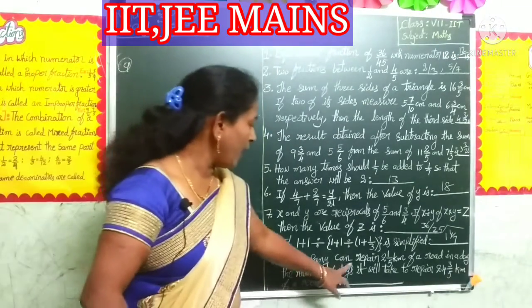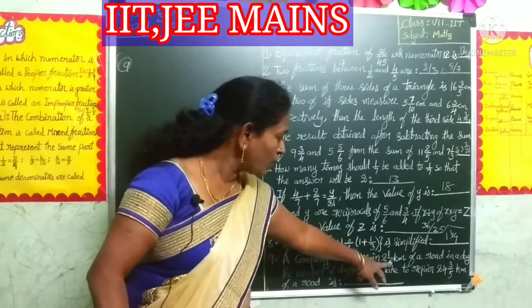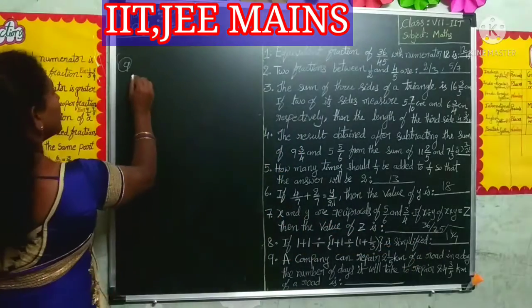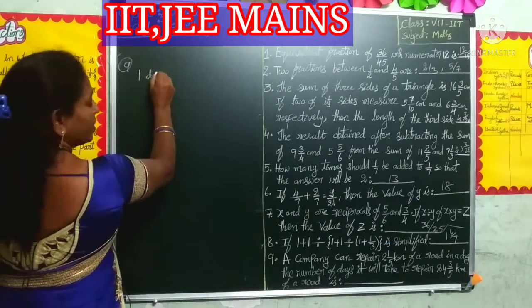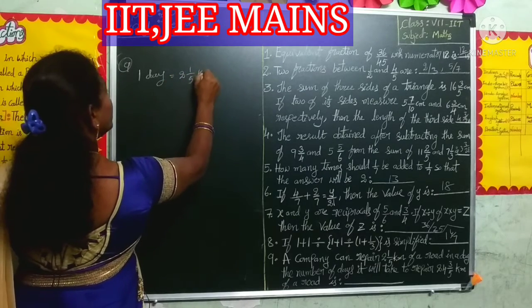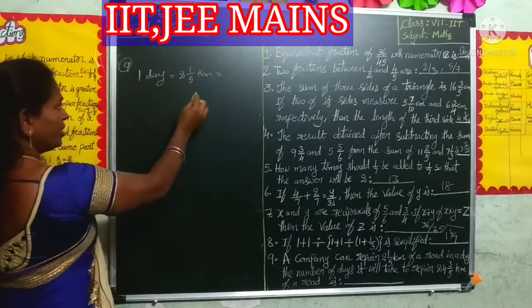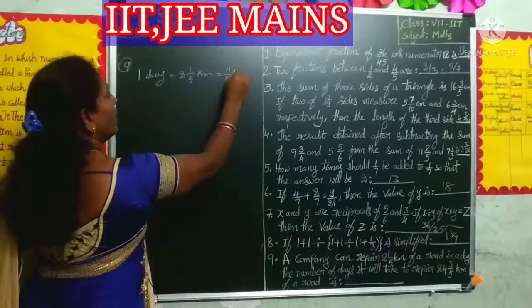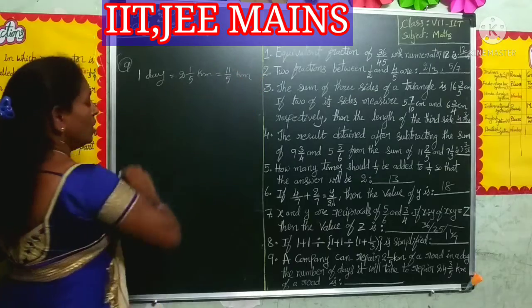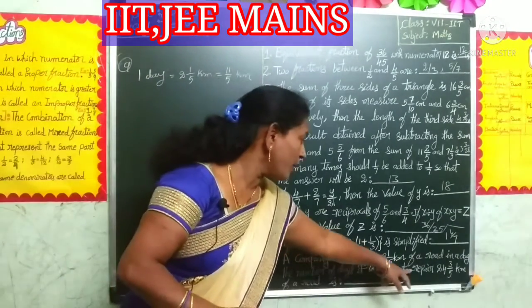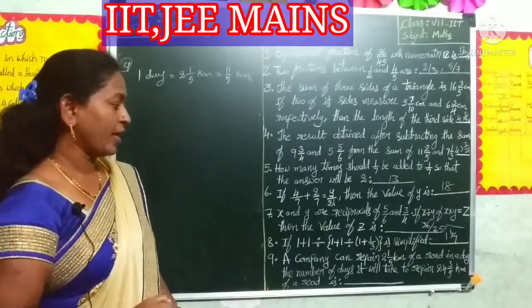What is the ninth one? A company can repair 1 1 by 5 kilometers of a road in a day. So in one day, how many kilometers did they repair? 1 day is equal to 1 1 by 5 kilometers. Convert into improper fraction: 5 plus 1 is 6, 6 by 5 kilometers. And next, what is given? The number of days it will take to repair 24 3 by 5 kilometers.